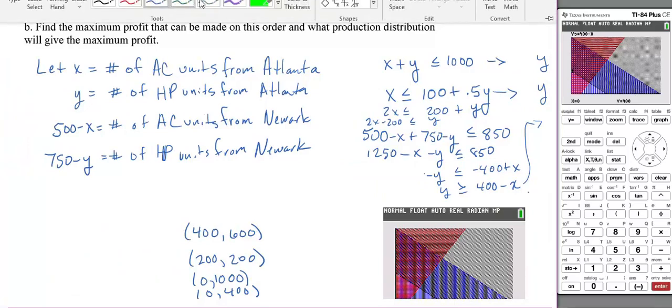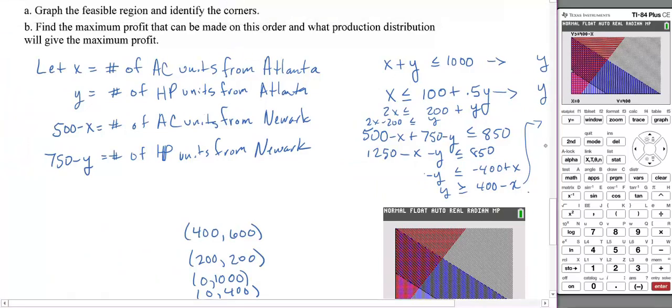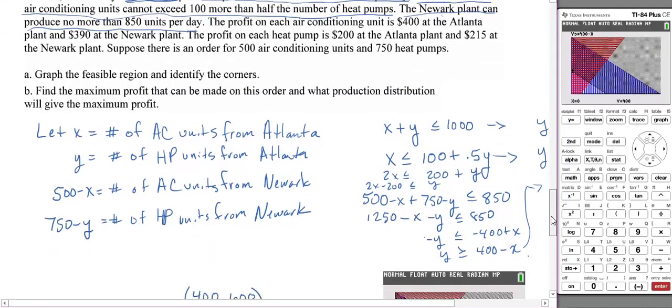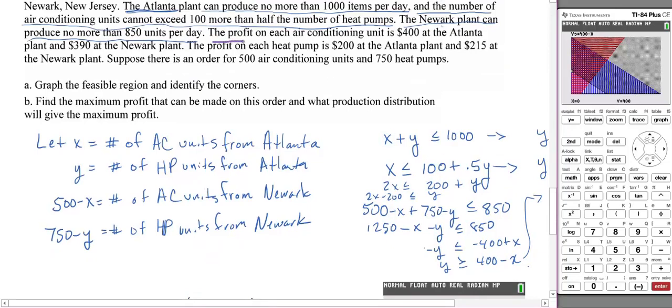We have information on the profit that can be made. So the profit on each AC unit is $400 in Atlanta and $390 at Newark. So we can do profit for just the AC and then profit for heat pump and put it all together to be our total profit. That's where that information is coming from.